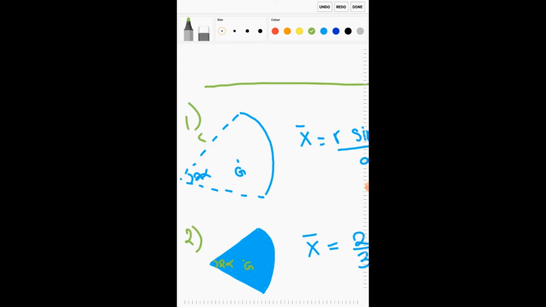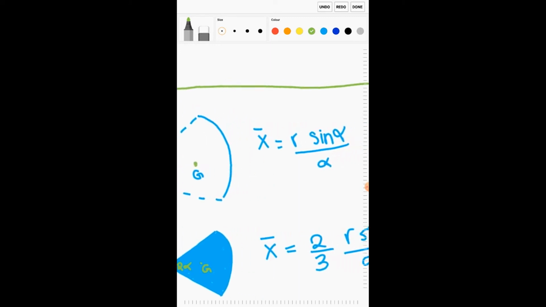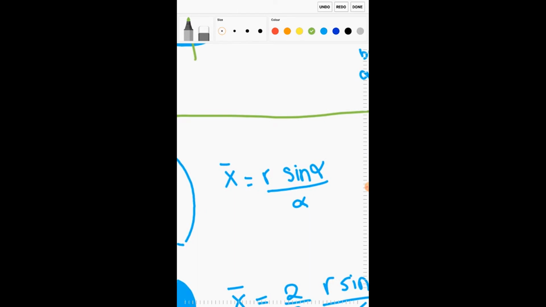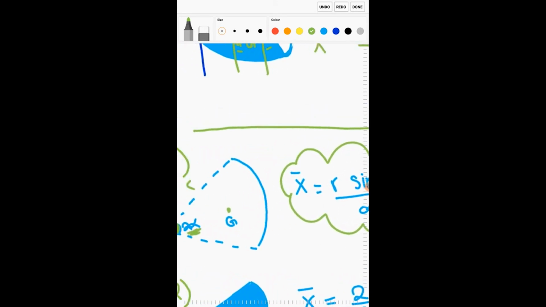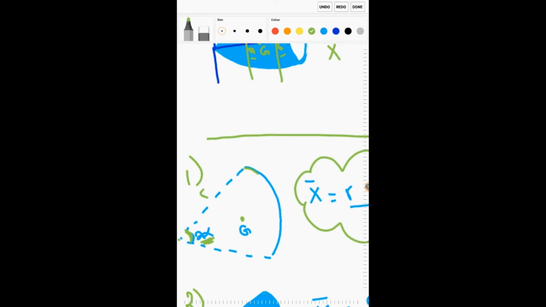And it subtends angle 2 alpha, this angle, 2 alpha, at the center. To find this center of mass G, x bar, you're going to have to use the formula r sine alpha over alpha. But you have to keep in mind that it subtends angle 2 alpha, so you're going to divide the angle by 2 before you use this formula. This is for when they're telling you that it's a wire in the shape of an arc.